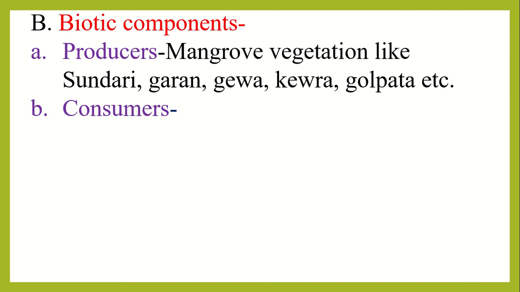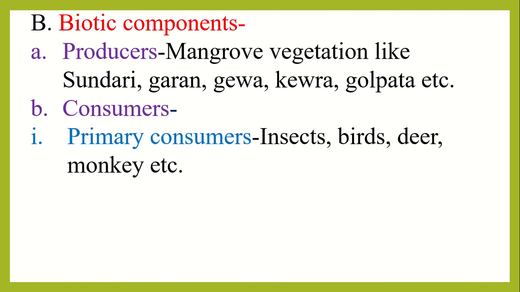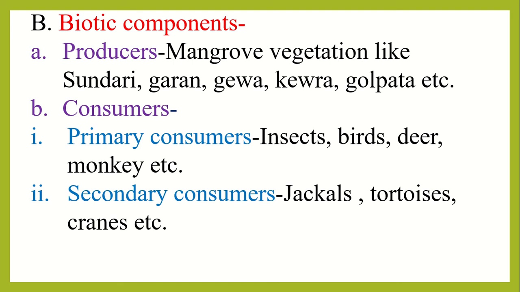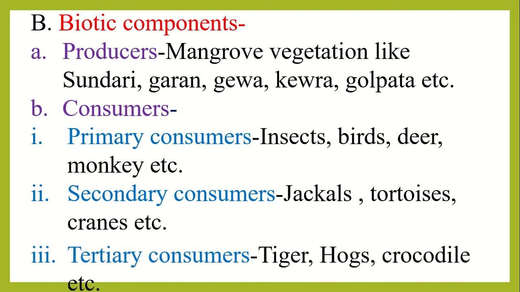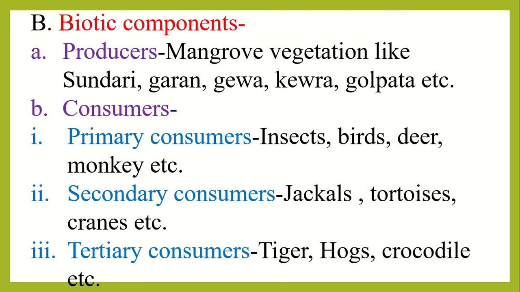Consumers. Number 1, primary consumers: insects, birds, deer, monkey, etc., who depend on producers directly. Number 2, secondary consumers: jackals, tortoise, cranes, etc., who depend on primary consumers. Tertiary consumers: tiger, hawks, crocodile, etc., who depend on secondary consumers.